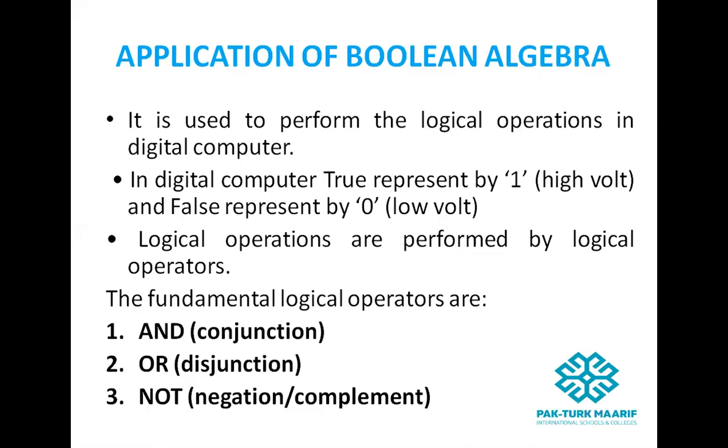It is also called high volt. False is represented by 0, low volt. So 1 means high volt, 0 means low volt.